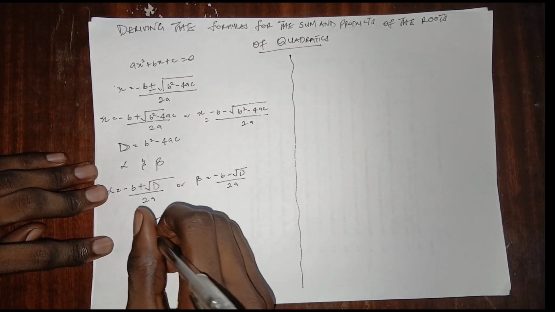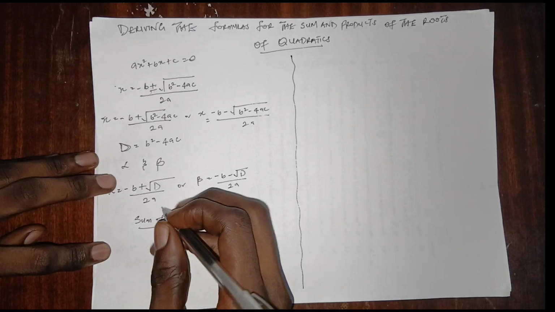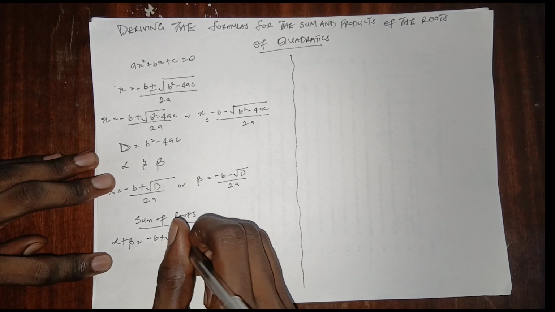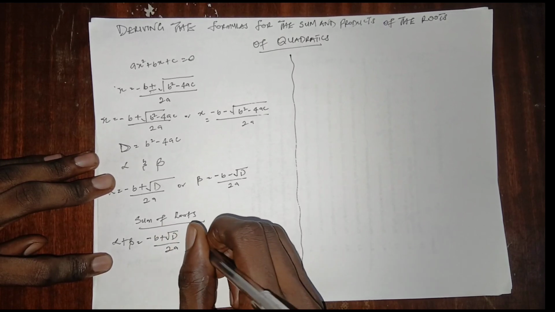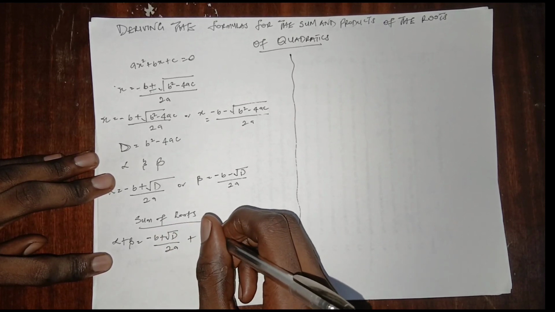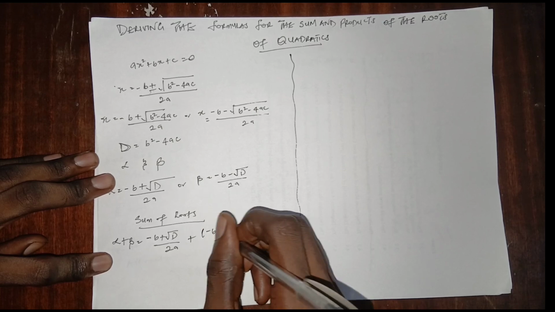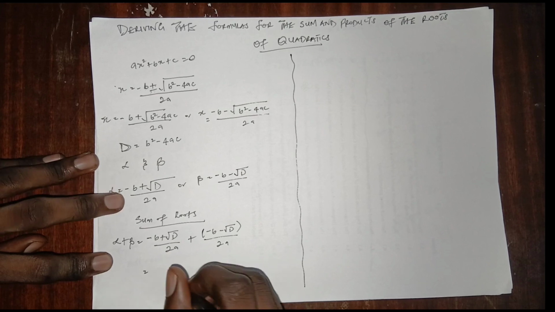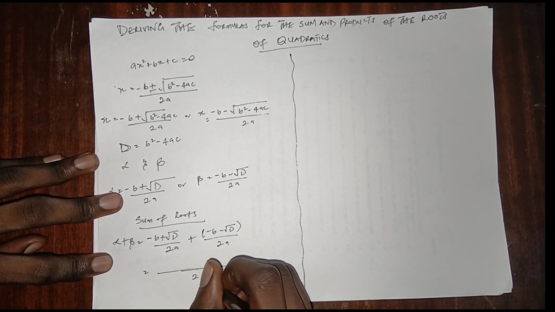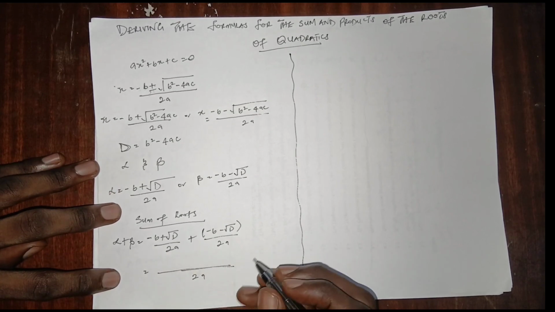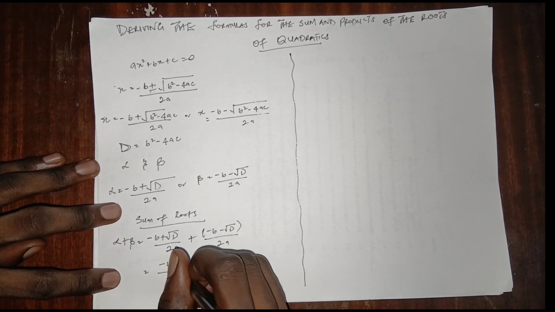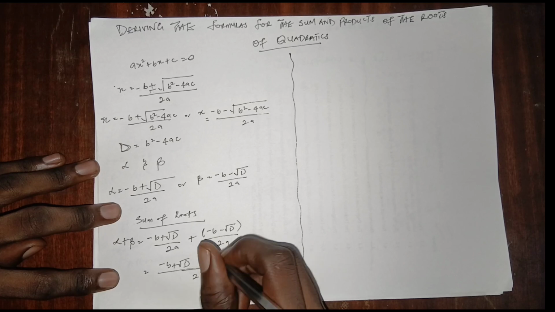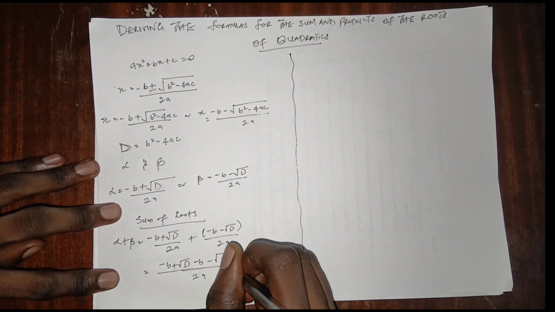To find the sum of roots, we just have to do alpha plus beta. So what's our alpha? Minus b plus root d over 2a, plus what's our beta? This should be in brackets: minus b minus root d over 2a. So factor out 2a, then add minus b plus root d plus minus b minus root d, right?